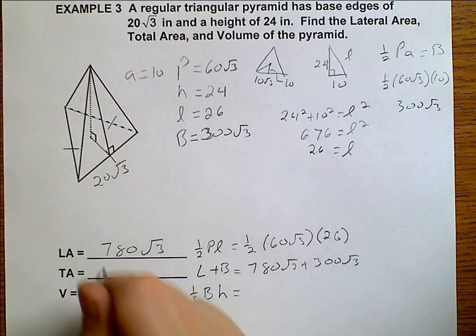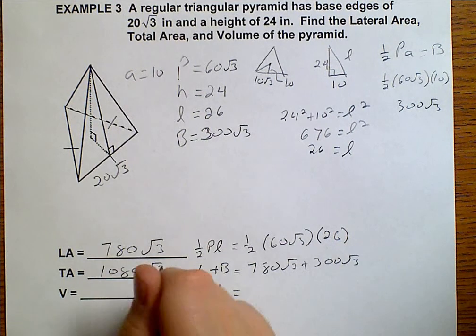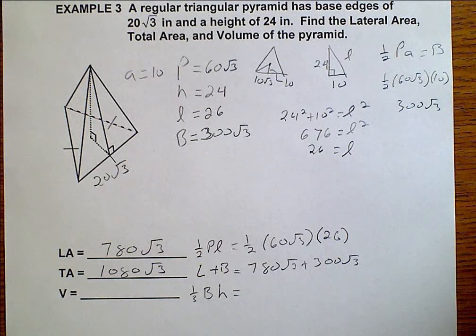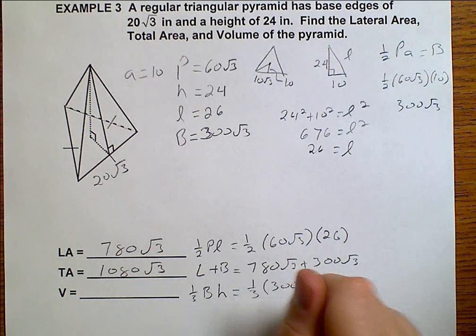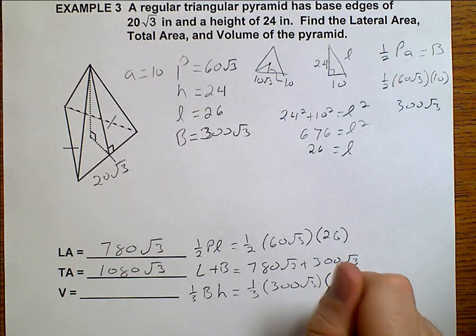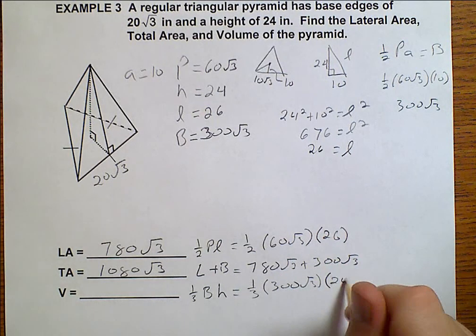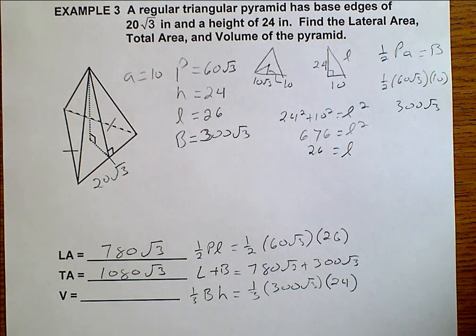Makes 1080 on the square root of 3. Makes 2400 on the square root of 3. So again, lots of work.